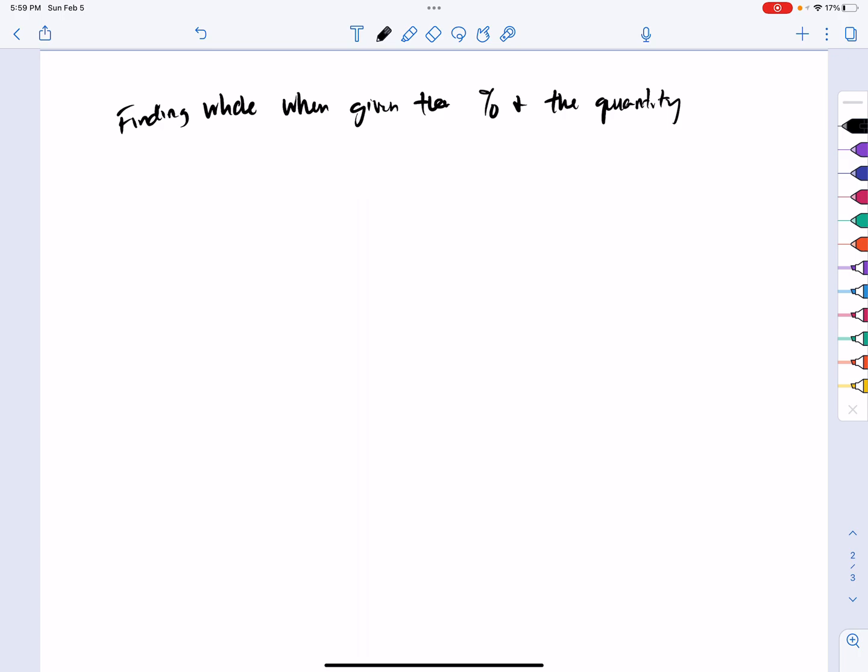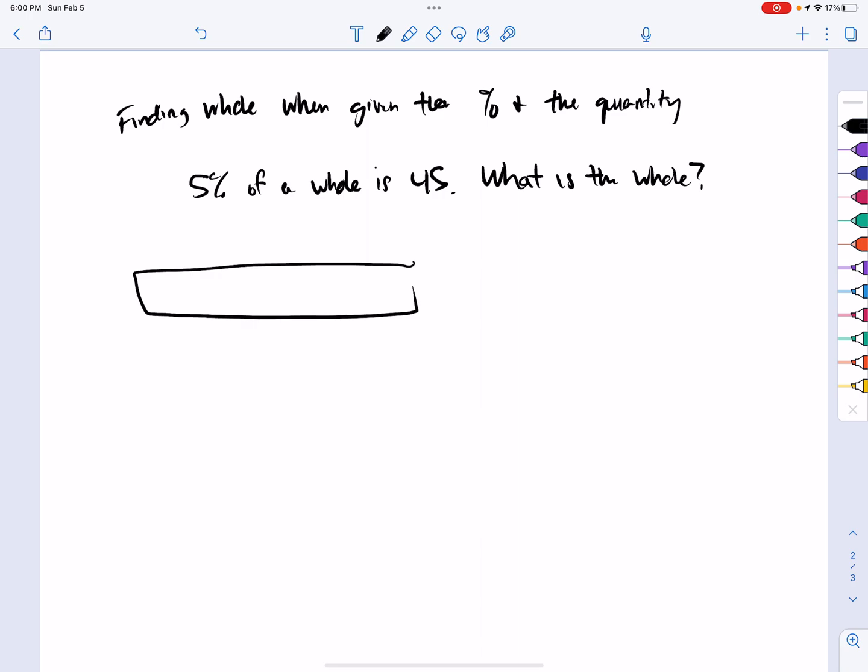So that would be something like the question says 5% of a whole is 45. What is the whole? And so before we just move right into calculations, I am going to take a moment to do a quick little picture.